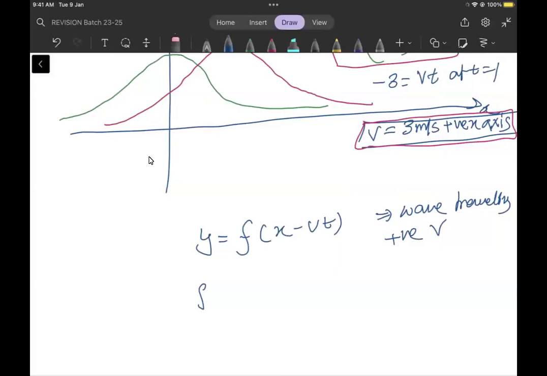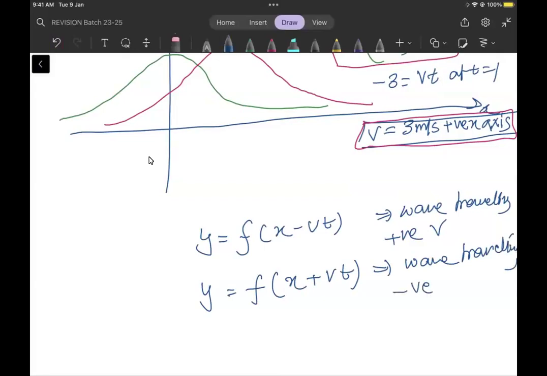And y is equal to f of x plus vt implies a wave traveling along the negative x-axis, minus.